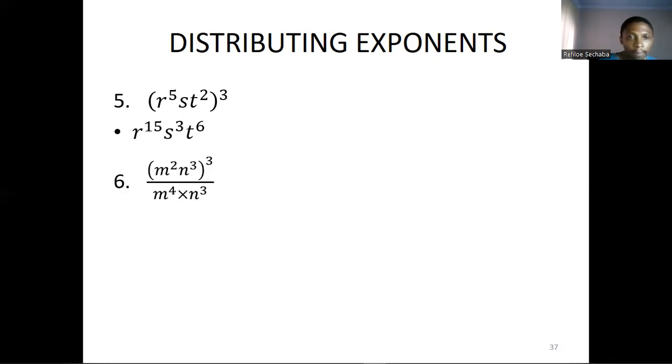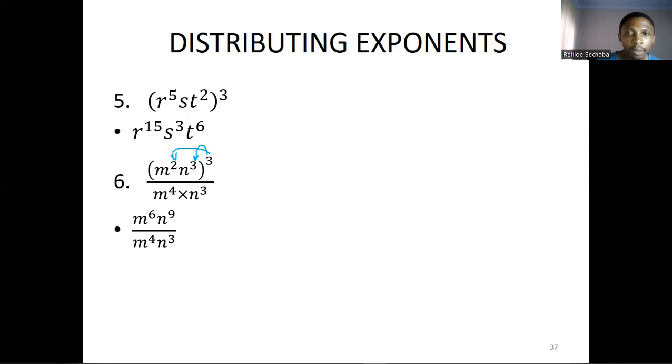What about this one here? Note that you might be tempted to apply the exponential law of division, failing to understand that you need to distribute the exponent in the numerator first, because that 3 is not the exponent of the entire fraction. It is only the exponent of the numerator. So you will simply multiply 3 times 2, and 3 times 3, and that will give you m to the exponent of 6 times n to the exponent of 9.